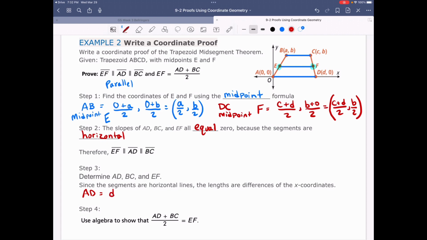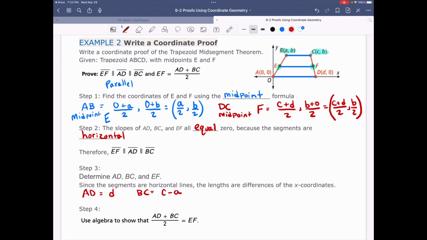That's the distance. BC is equal to c minus a, because if you look at the coordinates of B and C, the b's don't matter because that's just the height, and then we had C and A.